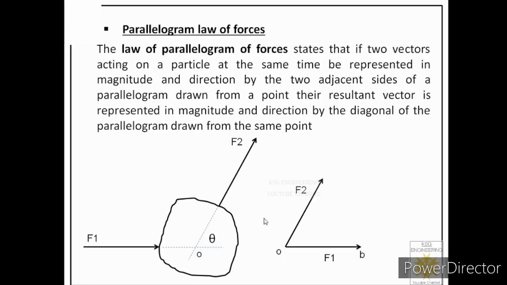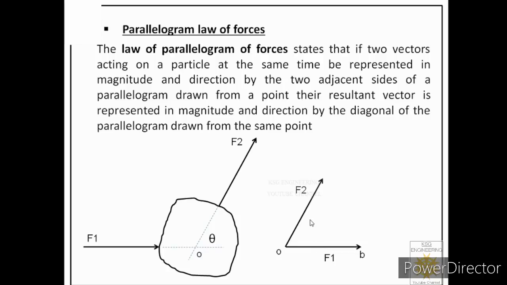Now you can see we have arranged these two forces in such a manner that they are acting at the same point and they are forming a coplanar concurrent force system, and this we have done with the help of the law of transmissibility. Now we can represent these two forces as two adjacent sides of a parallelogram.